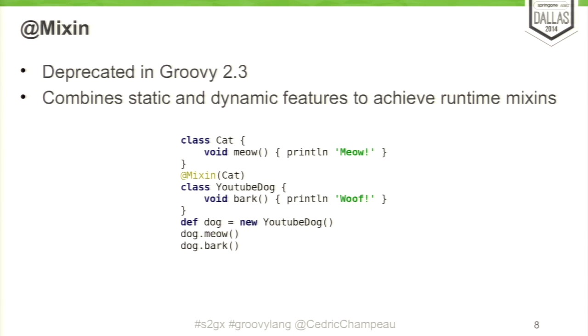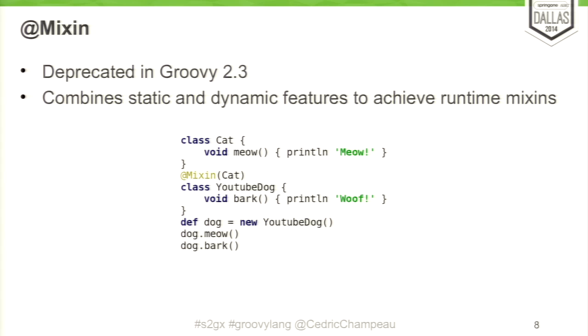So does anyone have an idea what the problem is with that? It seems OK. But behind the scenes, there are multiple things happening. You have a compile time transformation in action, and you have multiple objects created, plus meta classes created for the cat, the dog, and the mixin.